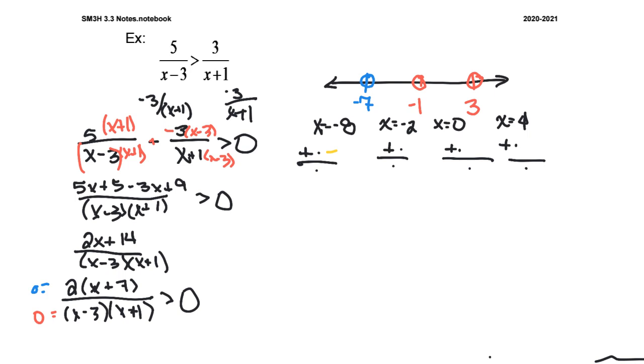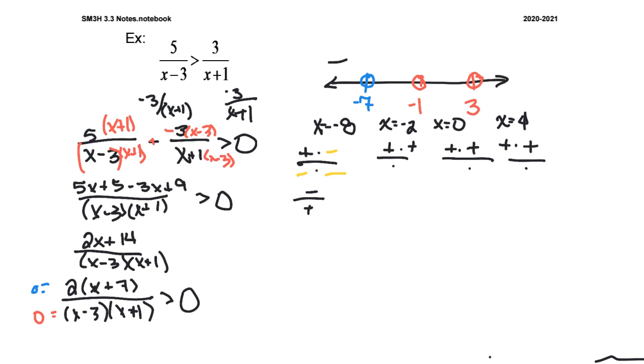And then -8 minus 3 is negative. -8 plus 1 is negative. And I end up with a negative divided by a positive, which means negative. When I do -2, I get x plus 7. So -2 plus 7 is positive. I can do some of these factors at the same time. So if I want to think about 0 plus 7, that's positive, and 4 plus 7 is positive.